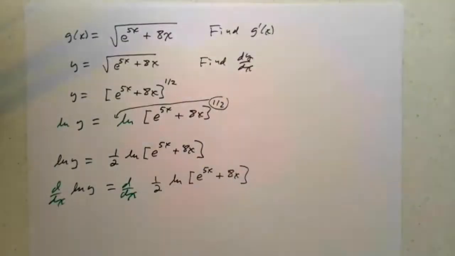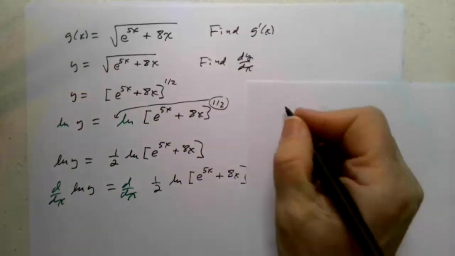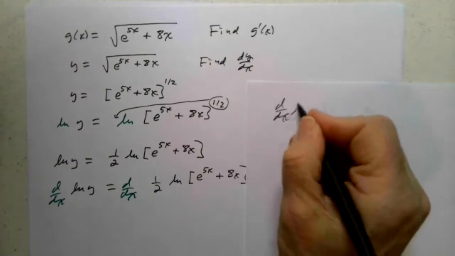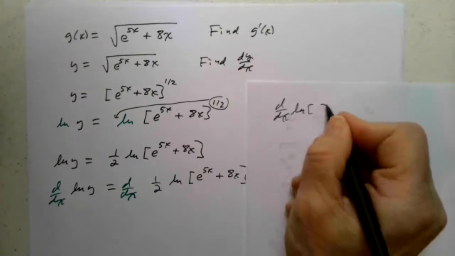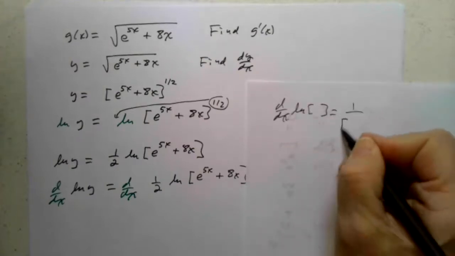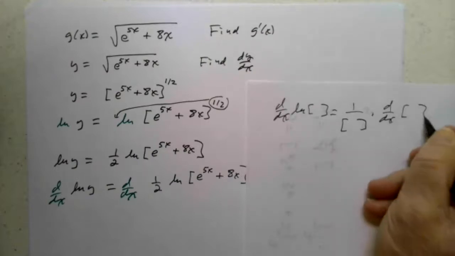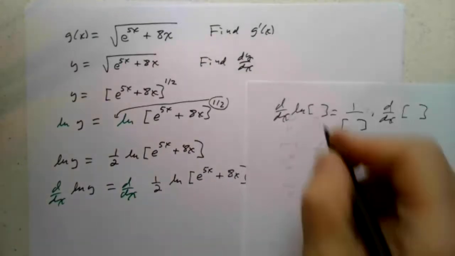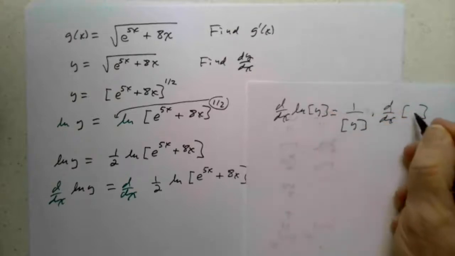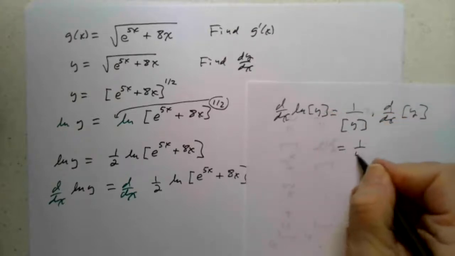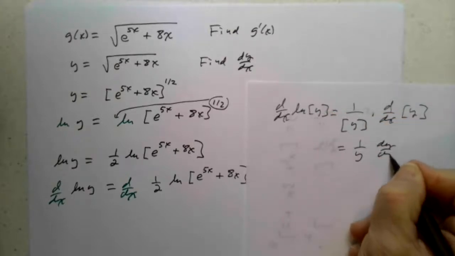Now, how do we do these? Well, the first thing we have is the derivative with respect to x of natural log y, which we've done multiple times before. The derivative with respect to x of natural log of something is 1 over the something times the derivative of the something. So the derivative with respect to x of natural log y is 1 over y times d/dx of y, which of course is 1 over y dy/dx.